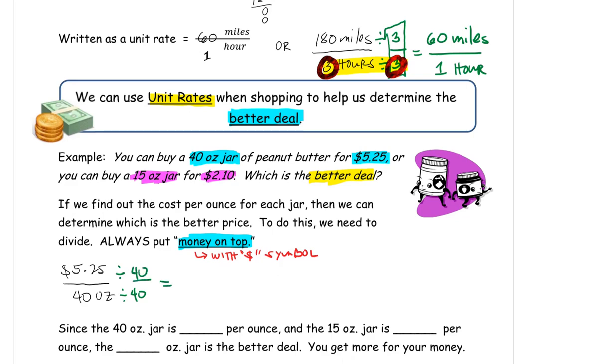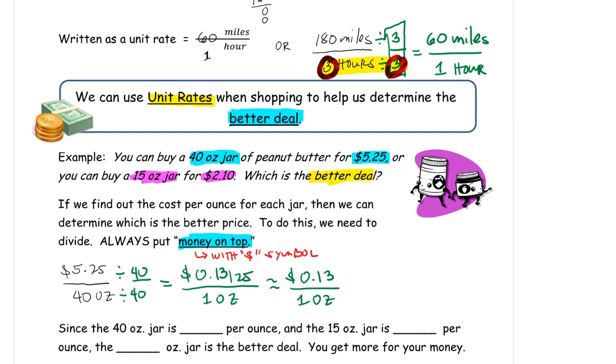Again, I can do that because 40 over 40 is just equal to 1, and that should give me an answer of 0.13125 dollar all over 1 ounce, or approximately, to the nearest cent, you can write that as 0.13 per ounce.